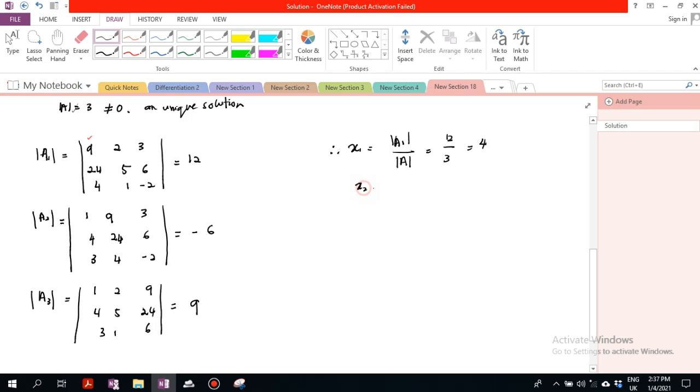So for x2, the determinant of A2 divided by total determinant, so you will get negative 6 divided by 3, which is negative 2, and for x3 you have A3 divided by total, so you get 9 over 3, so you get 3. So this is how Cramer's rule works.